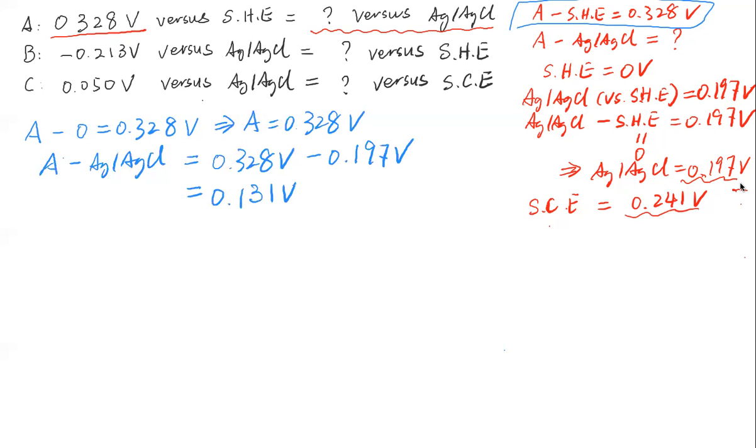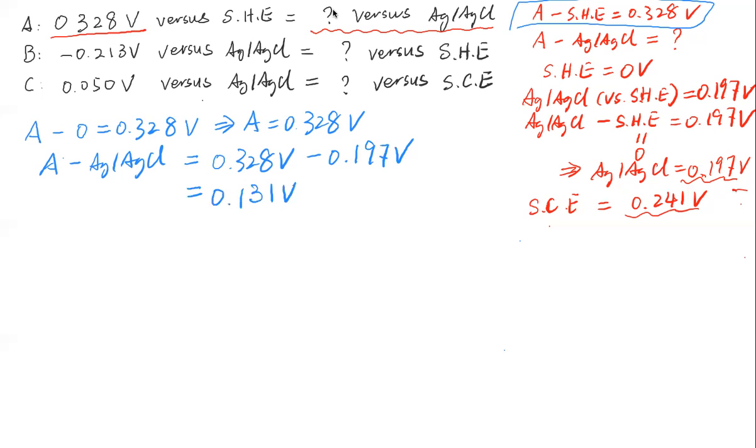So the question mark here is 0.131 volt versus silver chloride. Okay, so that's for A.